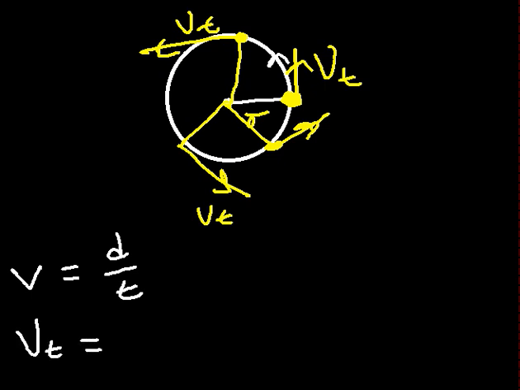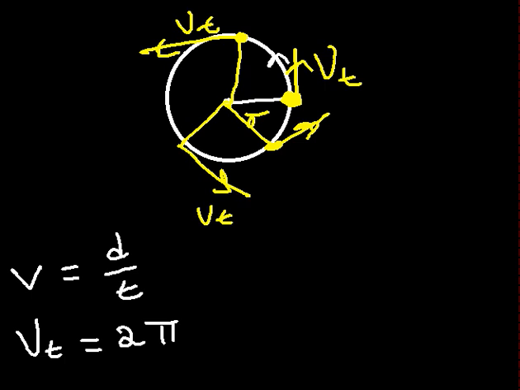Assuming the object has completed one revolution, one circle, this distance can be expressed in terms of the angular displacement, 2 pi, or rather as the circumference of the circle.